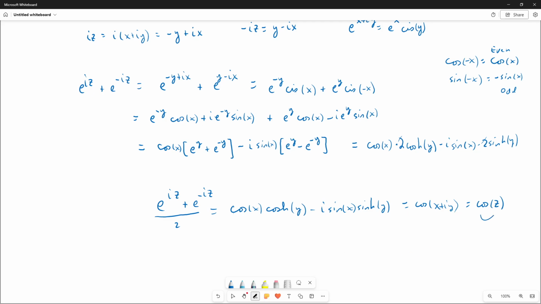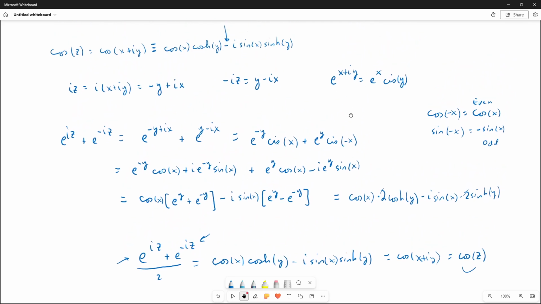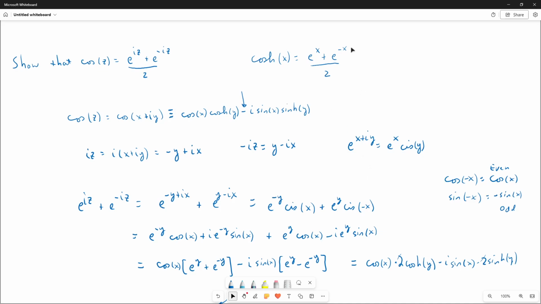The complex cosine being written in terms of the complex exponential in a way that is very reminiscent of the definition of the hyperbolic function here.